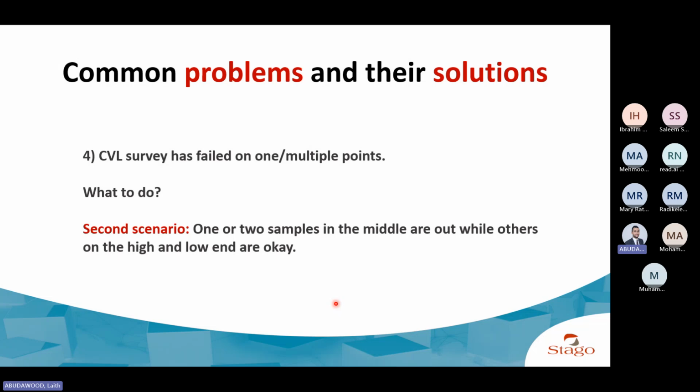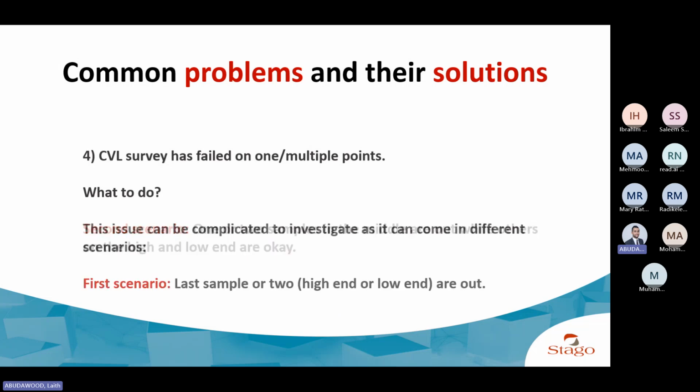If you ever face this issue, I can tell you how to work with it. But usually, if the highest or lowest samples are failing, that's not a very good sign. You need to run your linearity again using different materials, because you don't always have the luxury of ordering new materials. That will cost you money.